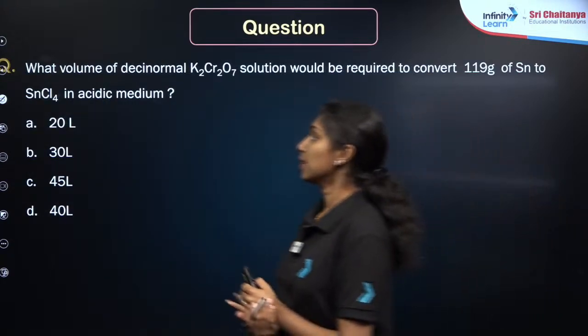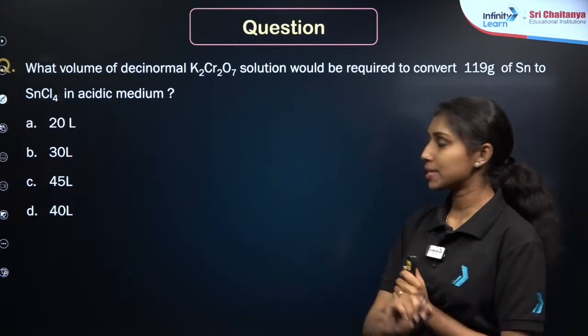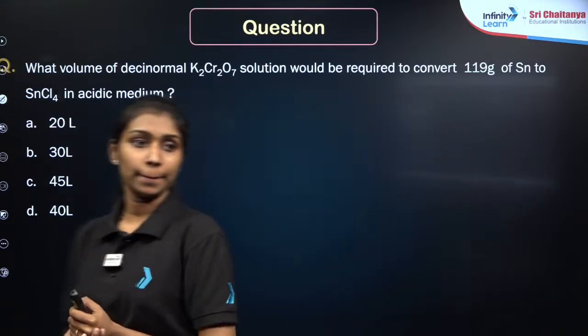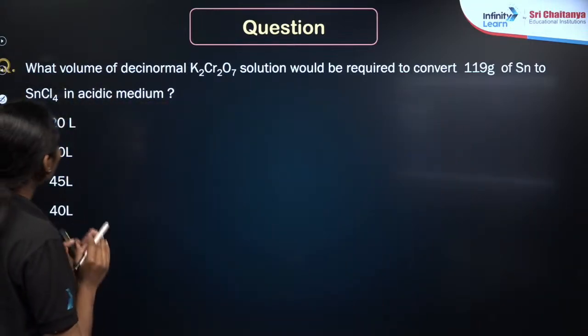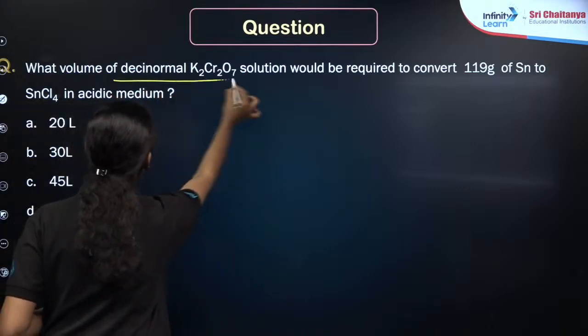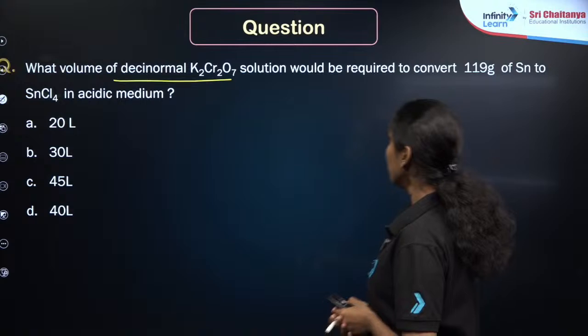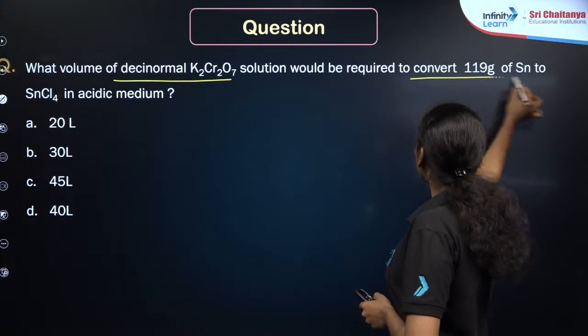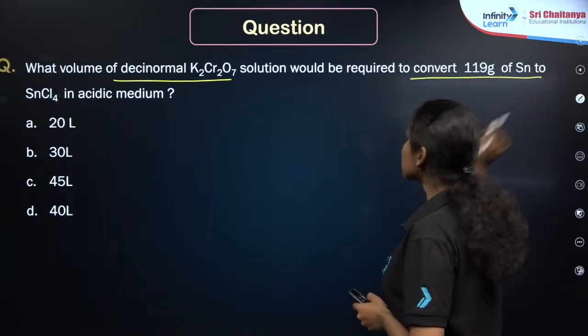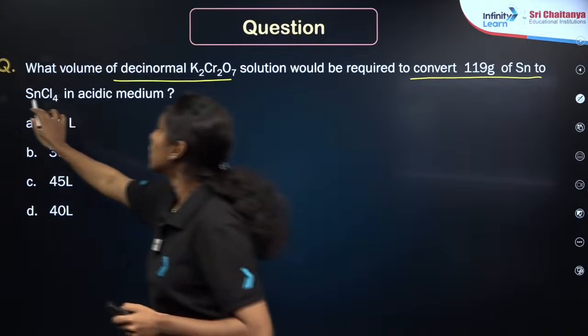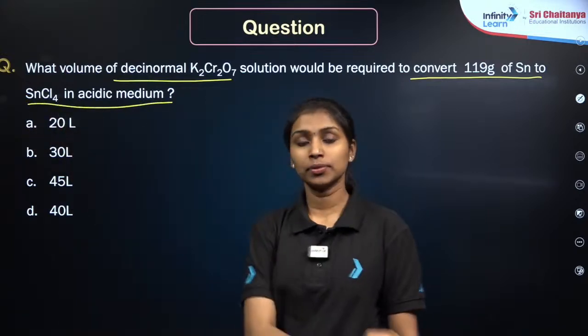Okay, here is the next question, and I think this will be the last question from this topic. What volume of decinormal K2Cr2O7 solution would be required to convert 119 gram of tin to tin chloride in acidic medium?